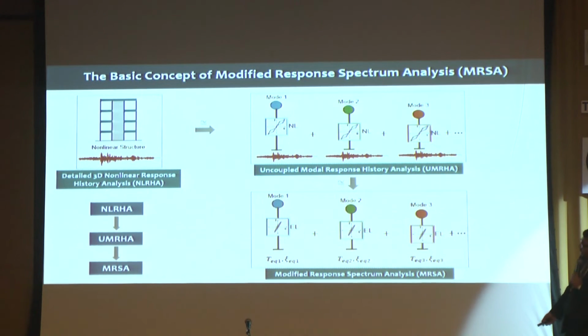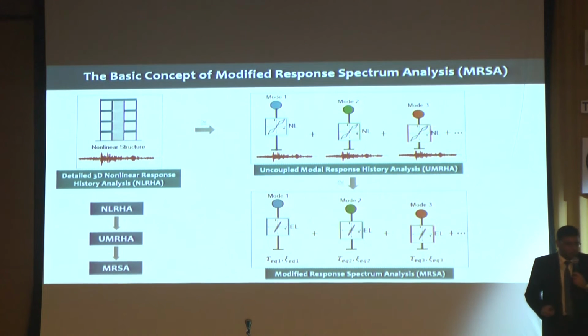To explain more, we started from nonlinear time history analysis or response history analysis, and then we decomposed it into its modal contributions, uncoupled modal response history analysis, and then this gave us another idea: why not we come up with this modified response spectrum analysis.